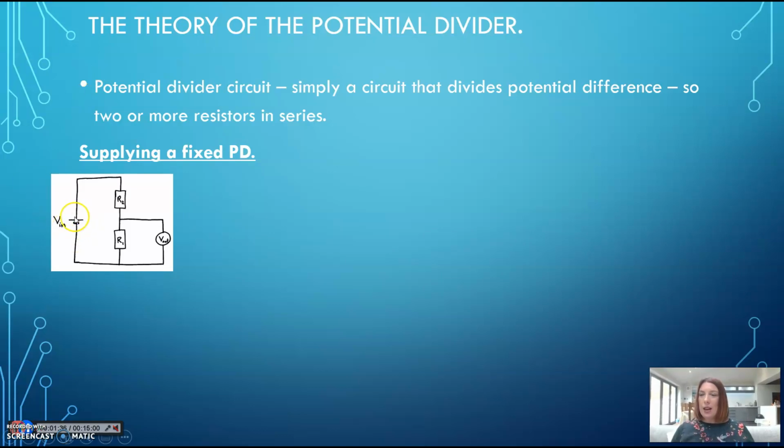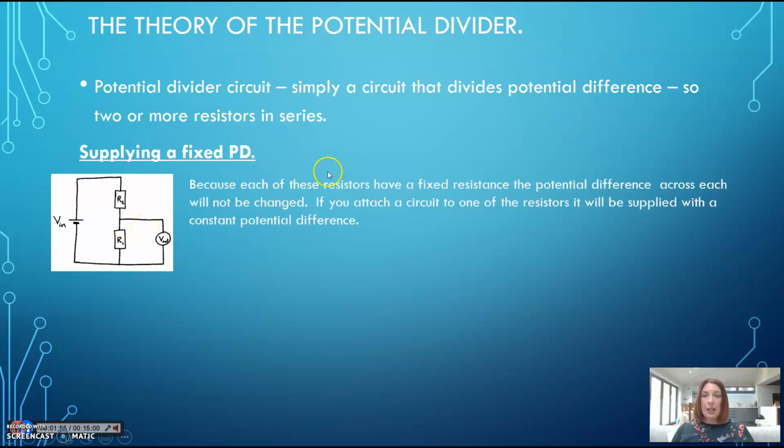So you have a source of EMF, your series circuit with your two resistors in series, which will share this EMF. And then here you can attach a voltmeter or another circuit across one of the resistors. So if you have a look, because each of these resistors have a fixed resistance, the potential difference across each will not be changed.